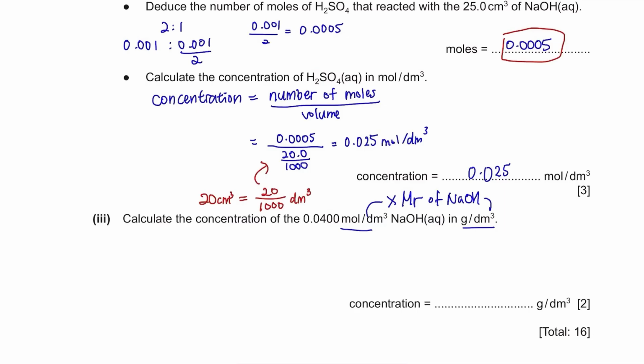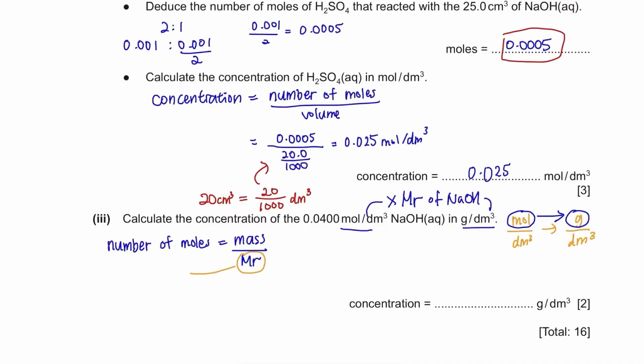But the reason behind this is because the number of moles equals mass over the relative molecular mass, and since we are just changing the upper part of the unit, mole to gram, the mass, all we need to do is multiply the number of moles with the relative molecular mass to change it to the mass.